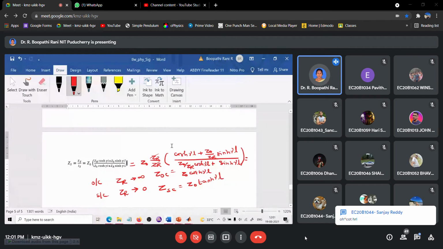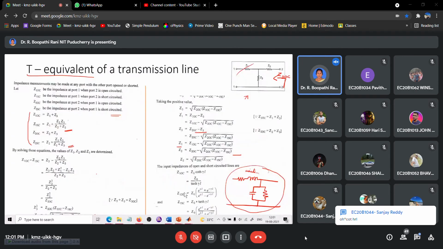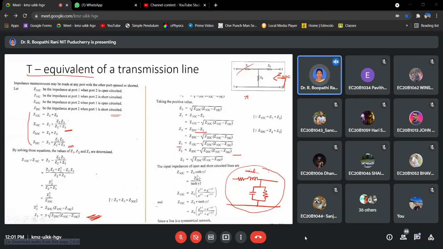So these things we are going to apply in this equation. For open circuited, it is Z0 coth(γL), and for short circuited, it is Z0 tanh(γL). So Z1 OC will be Z0 divided by tanh(γL), and Z1 SC will be Z0 tanh(γL). This tanh can be expanded in terms of e power terms, e power γL terms, e power theta terms.